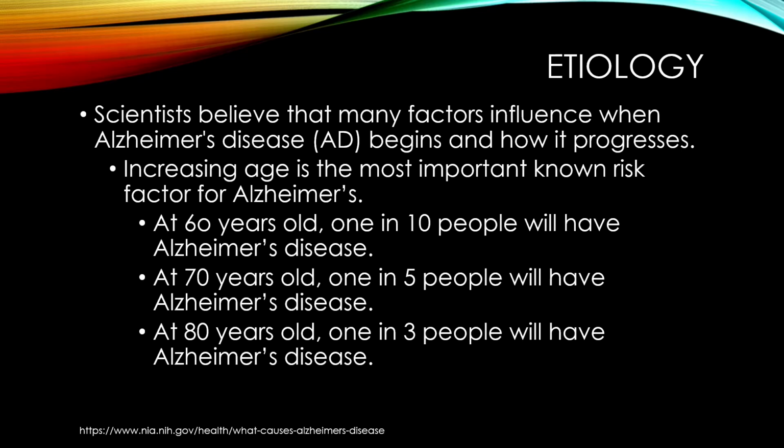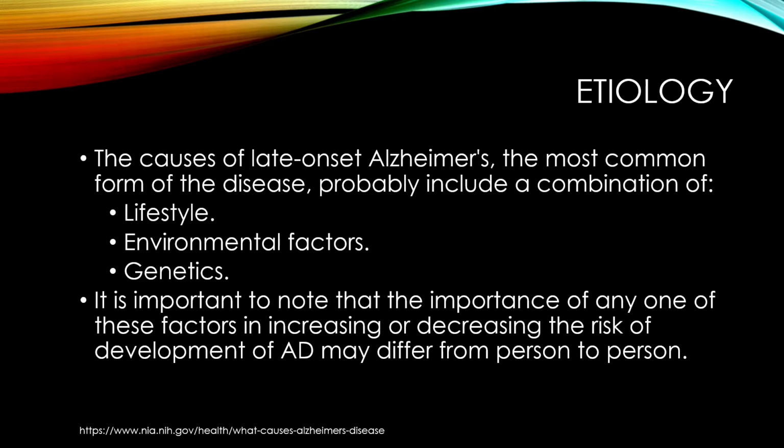A lot of times what I say is age is not the risk factor, it's what you're doing and that accumulated effect over time. And then eventually it presents as symptoms that actually is diagnosed as Alzheimer's.